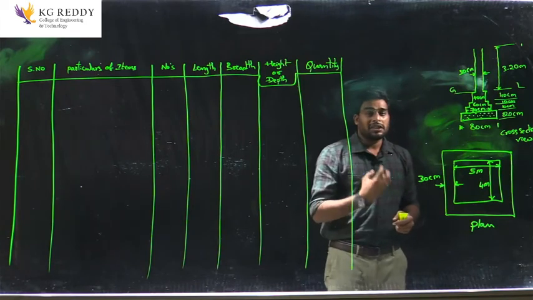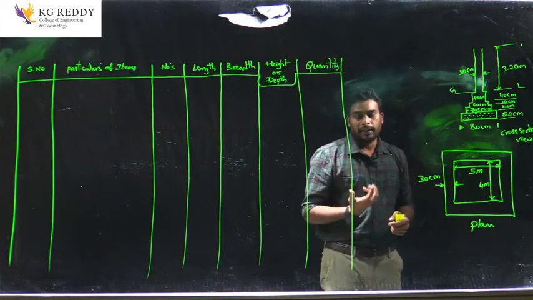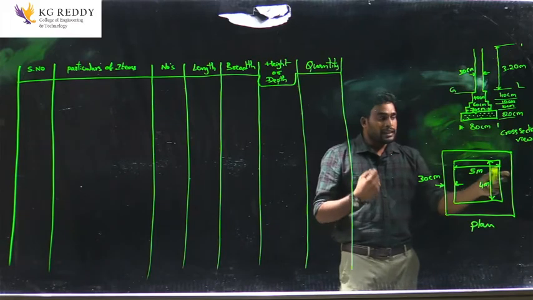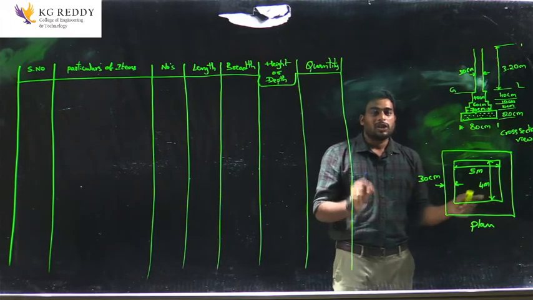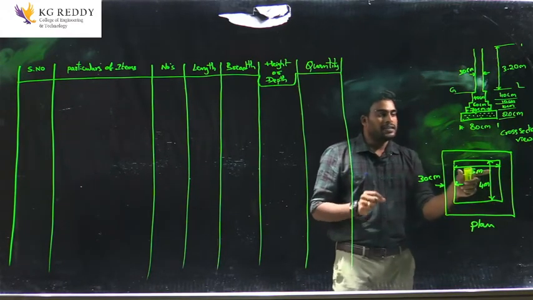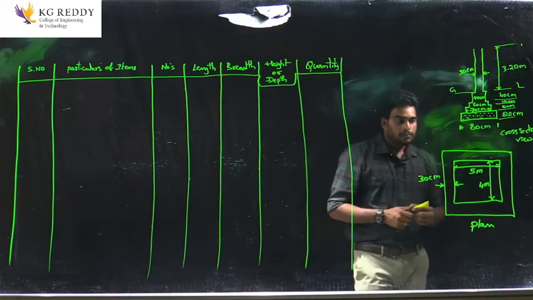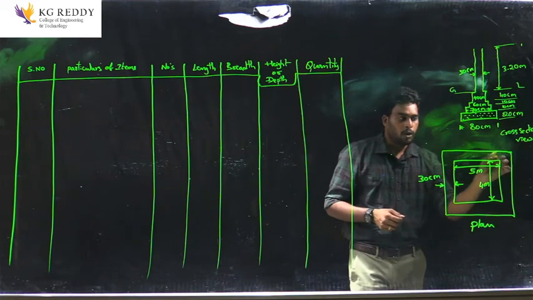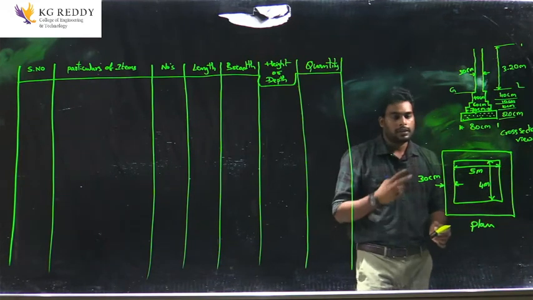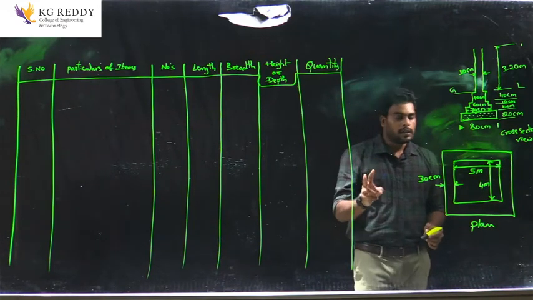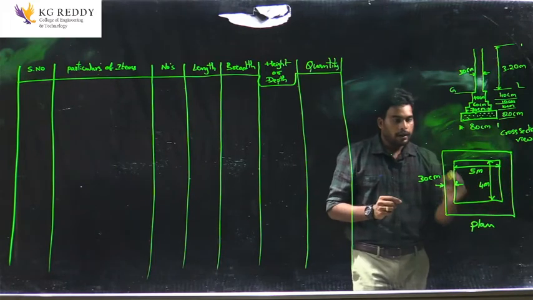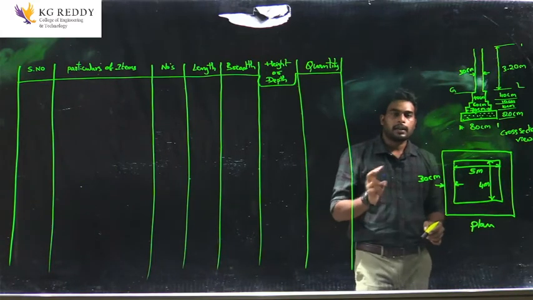I mentioned that one wall is having 5 meters and one wall is having 4 meters. Which one is the small wall? The 4 meter wall is the small wall, so we will consider it a short wall, and the 5 meter wall we will consider a long wall. In this diagram there are two long walls and two short walls.